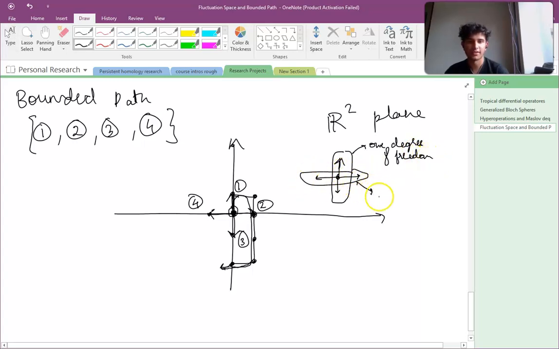Similarly, this is our second degree of freedom.